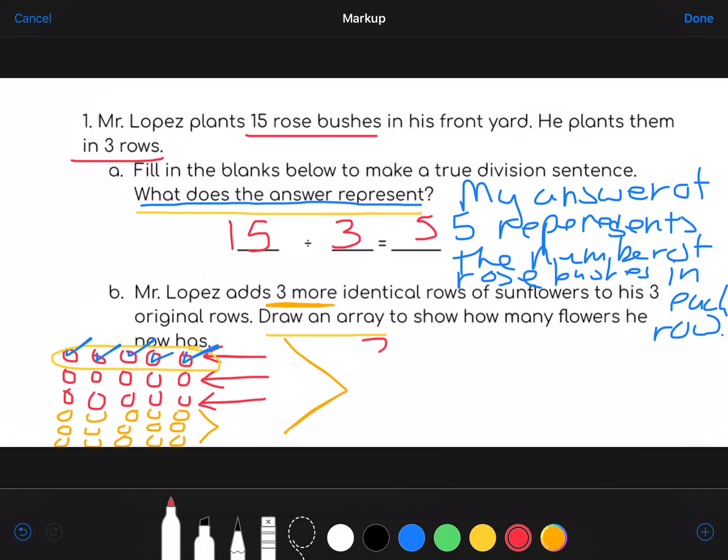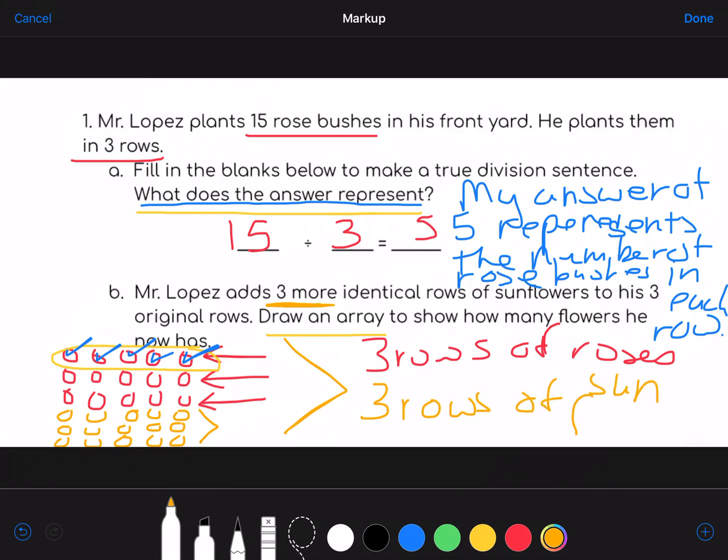These are all of the flowers, right? We have 3 rows of roses, and we have 3 rows of sunflowers. Let's go on to see what we're going to do there. Remember, the biggest thing that gets forgotten is explaining what it represents.